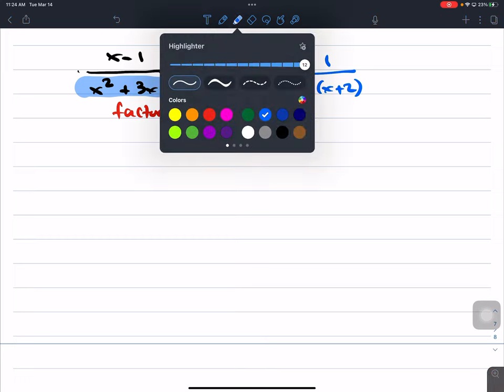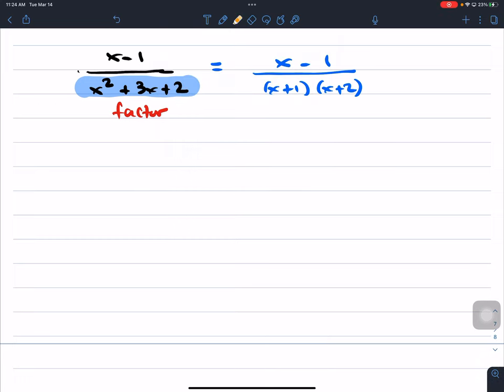Now, if you guys don't recall, you're looking at this factor and this factor. What you want to note is what kind of factors are both of these? Well, x plus 1, that's known as a linear factor.